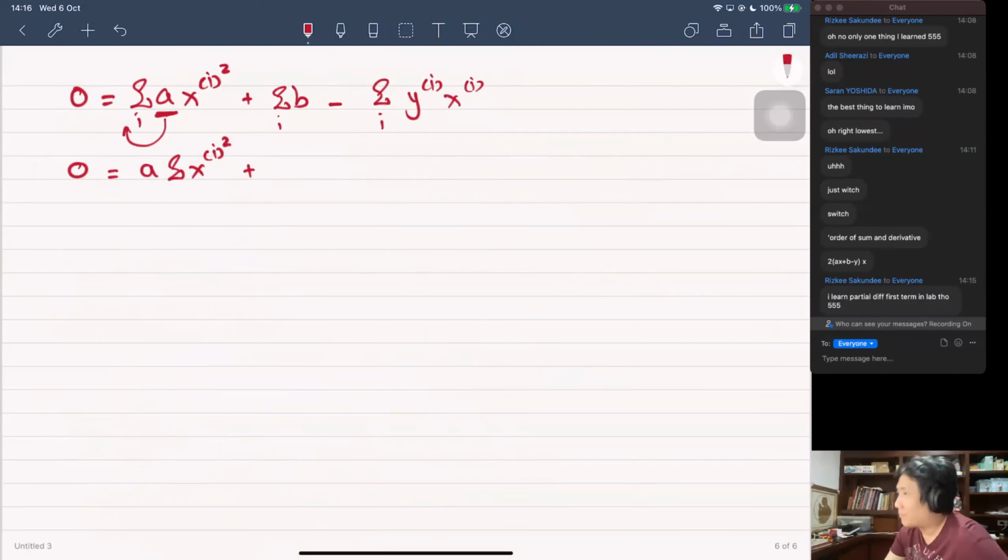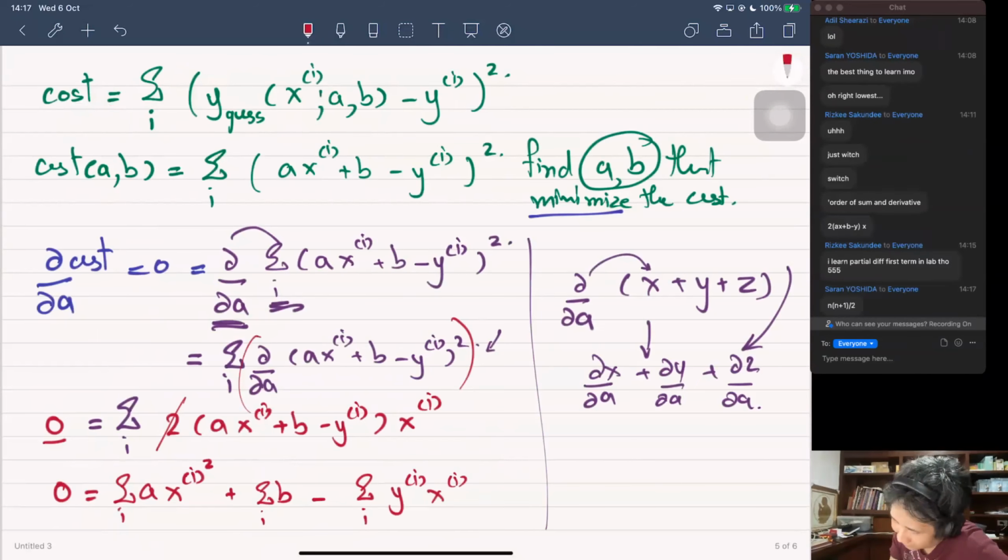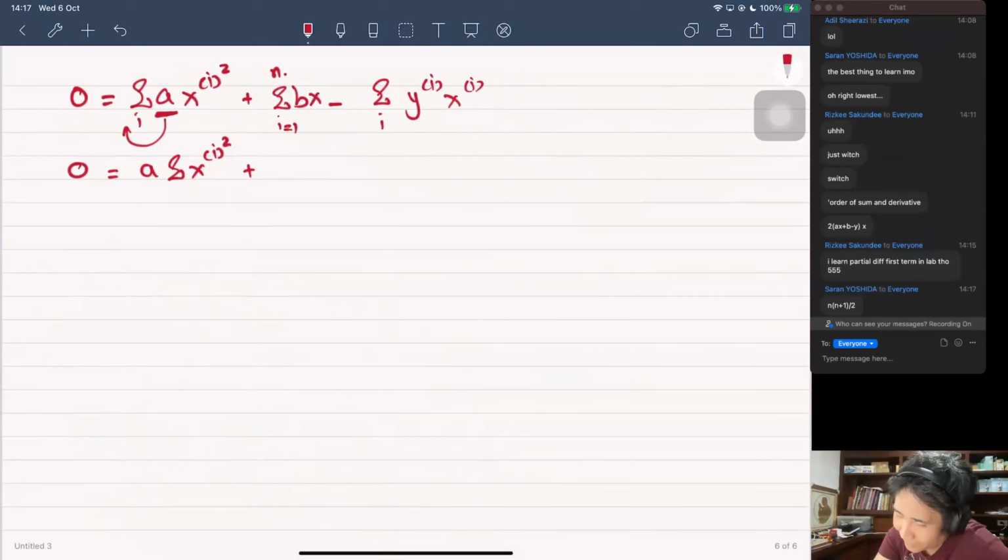You add b up the number of times that you have the data point. If you have n data points, what do you have? Wait, actually, I forgot one thing. I forgot to multiply by b. Sorry.